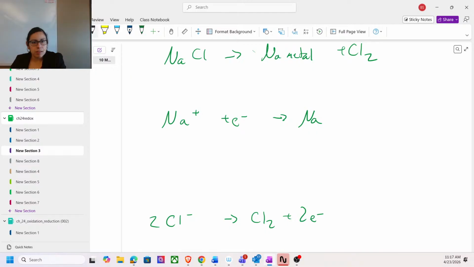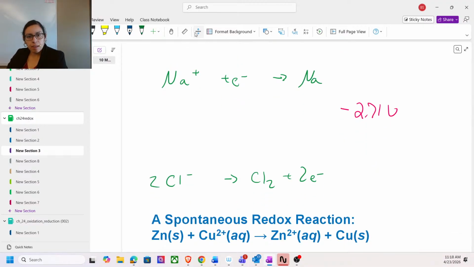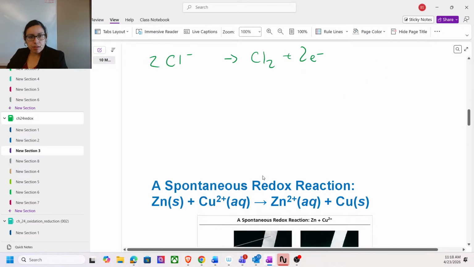We might have small discrepancies in numbers. So negative 2.71 volts tells us that this is not a favorable process. We'll get there in the math of it, but basically you need a positive voltage, and we'll add them together. So now I've kind of jumped the gun on things.